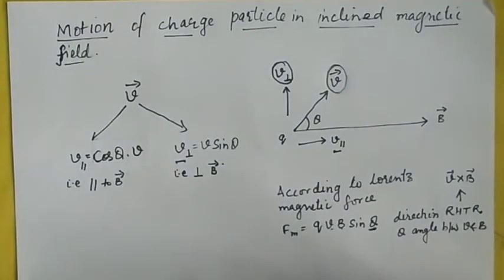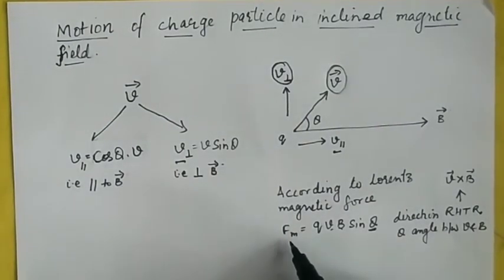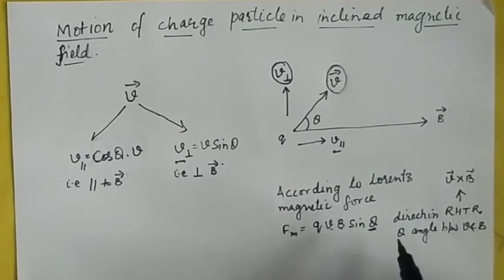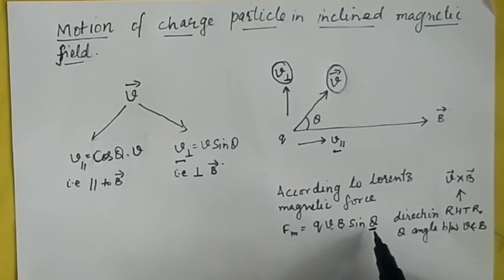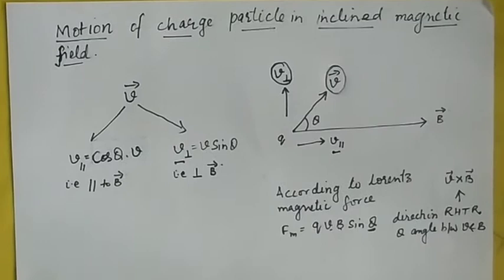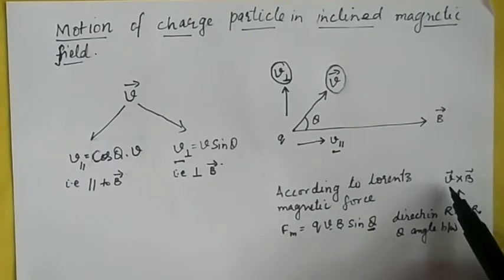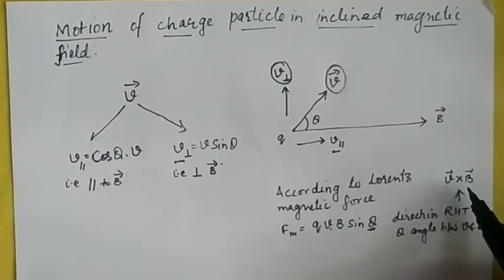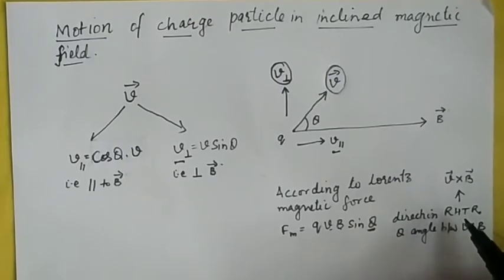Now the Lorentz magnetic force is given by QVB sin theta, where theta is the angle between velocity and magnetic field, and the direction is given by the right hand thumb rule. That is, rotate the fingers from velocity to magnetic field, then the thumb will represent the direction of force.